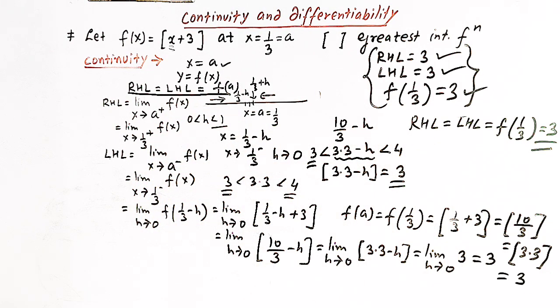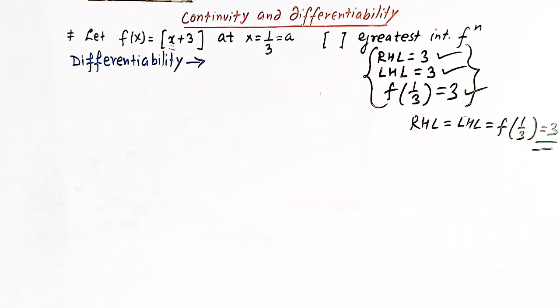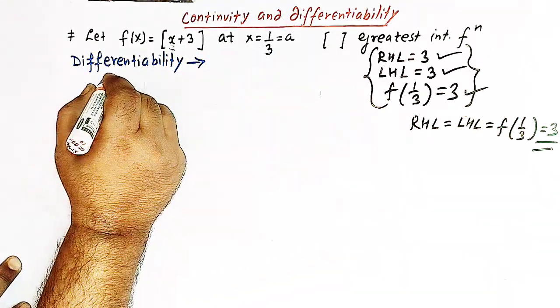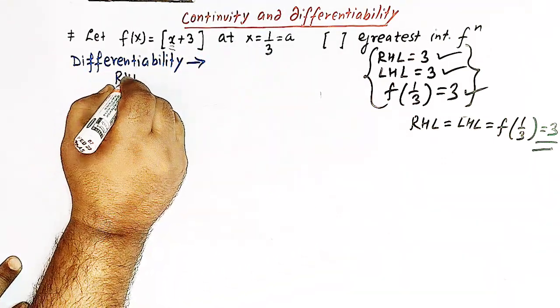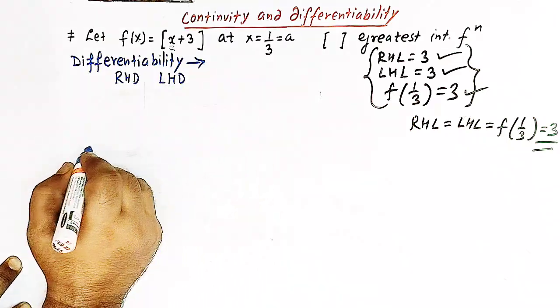So now let us see the differentiability of this function at x is equal to 1 over 3. So now to test the differentiability of this function at this point, we find out the right hand derivative and we find out the left hand derivative, right?